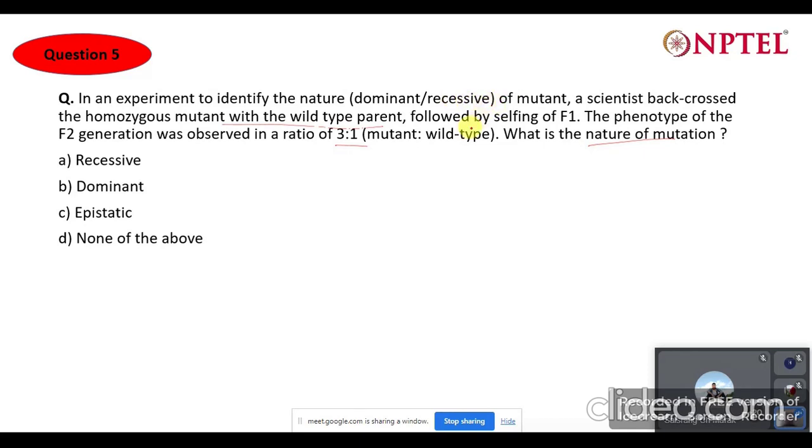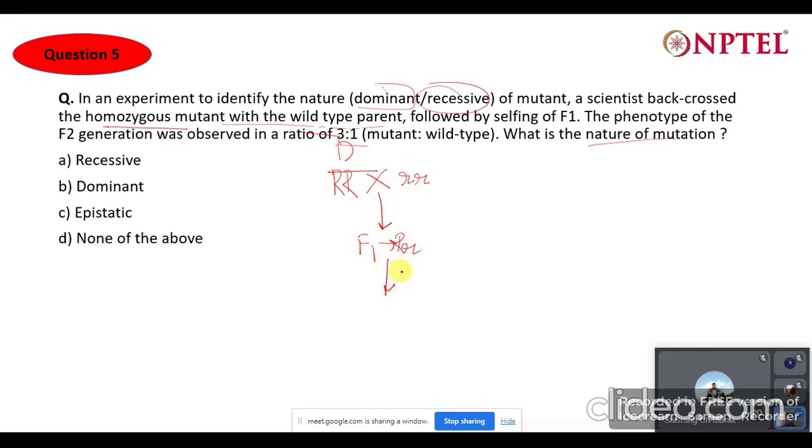In such questions, the mutation is either dominant or recessive. So if we consider the mutation dominant first, let's suppose it's capital R, because the mutant is homozygous and it has been backcrossed with the wild type, that is small r. The F1 will be heterozygous, capital R small r.